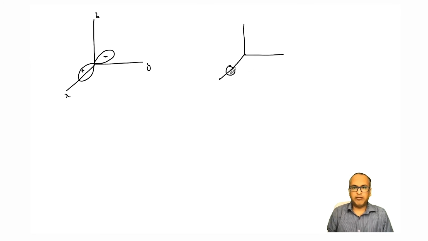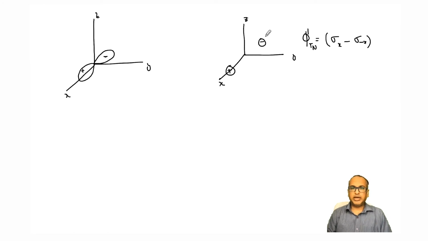Now I will have a positive here and a negative here. This is my x, y, z. So my phi T1U 1 will be equal to sigma x minus sigma minus x. So positive on the sigma x side, negative on the sigma minus x side, and this will be 1 over root 2 for normalization.